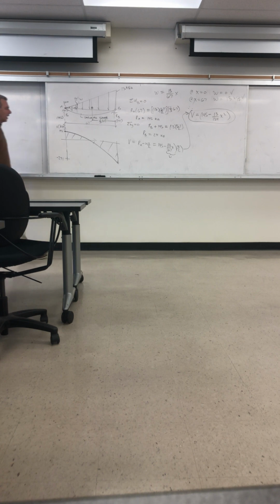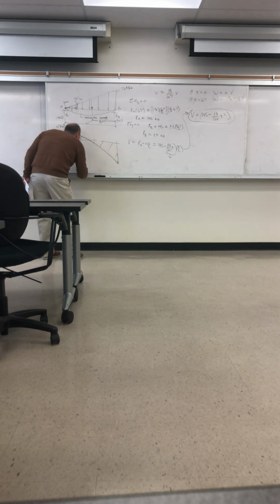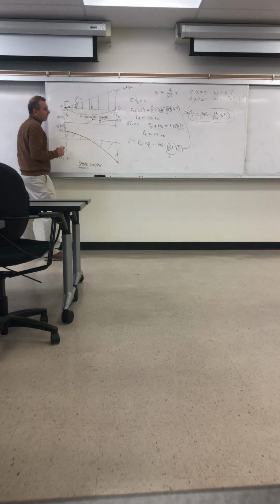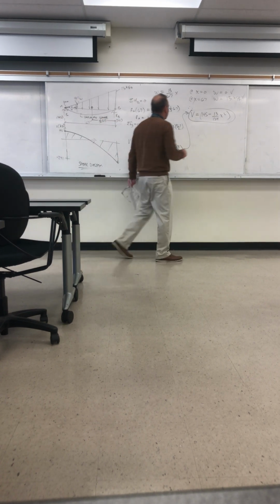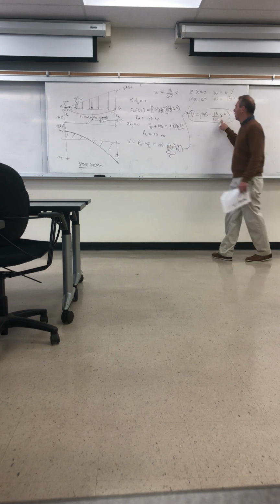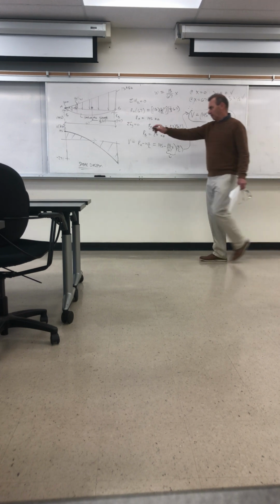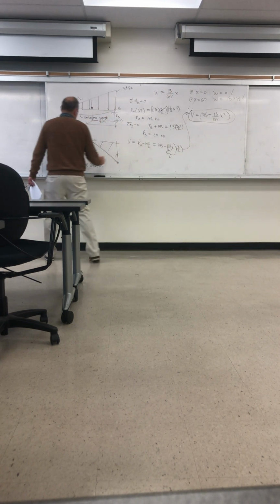So your shear diagram is not a straight line anymore, it's curving. And it starts out horizontally because if you look at the equation, it's 145 minus this square. And then it's an x squared, so it gets more powerful the further you go. That's what you're seeing with this parabolic shear diagram.